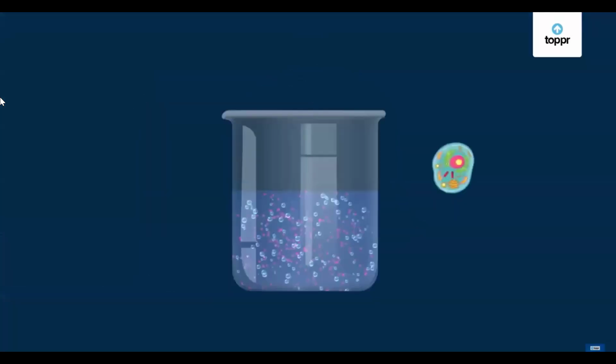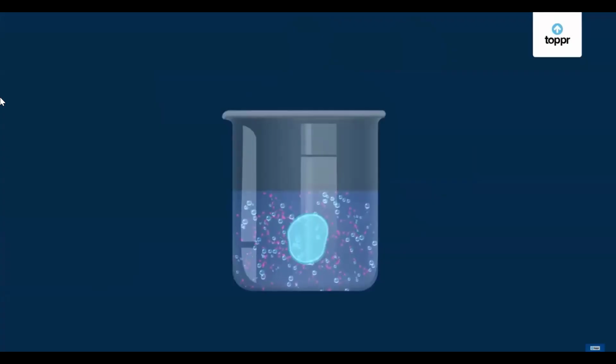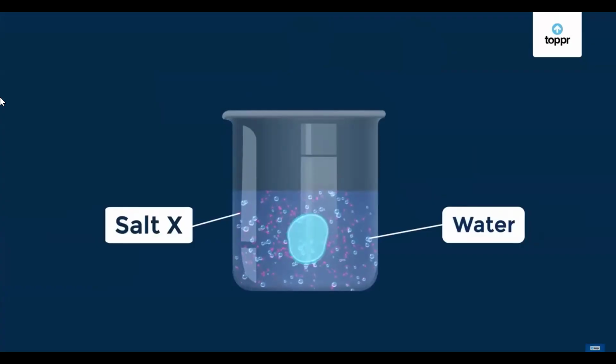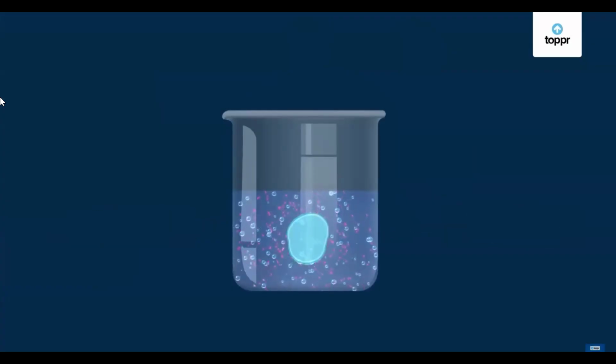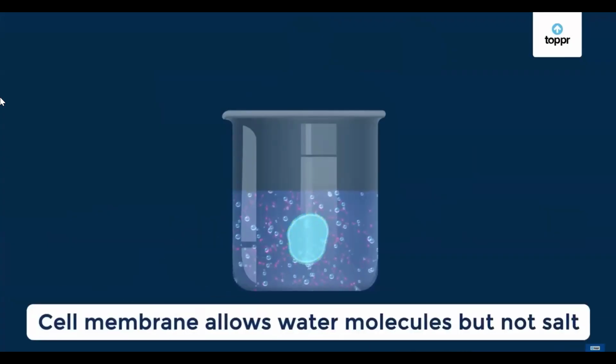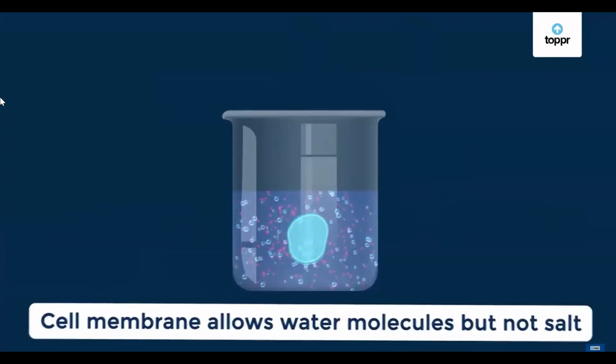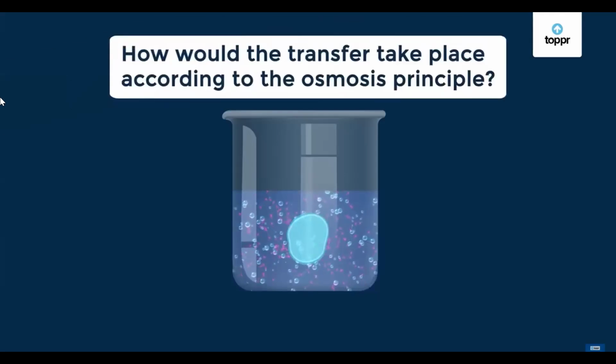Let's see how osmosis happens inside a cell. Let's say there is a cell surrounded by a solution which has a certain amount of salt X in it. As we know, the cell membrane is semi-permeable. So it cannot let in this salt X, but it can let in water molecules. How would the transfer take place according to the osmosis principle?